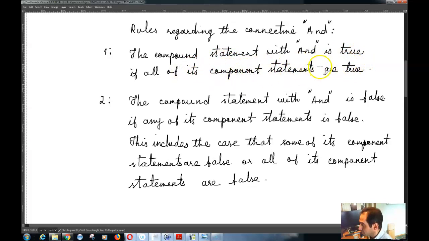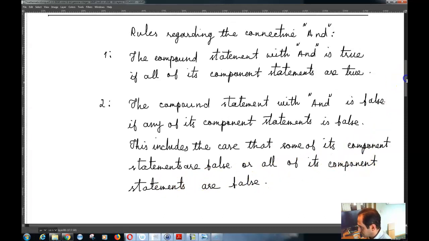All of them have to be true. And the compound statement with AND is false if any of its component statements is false, including the case that some or all of them are false.